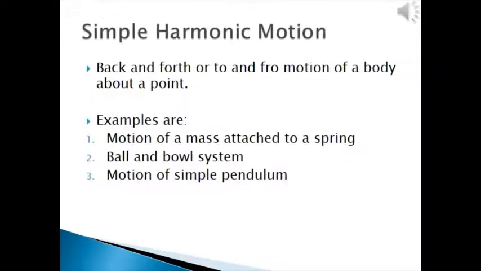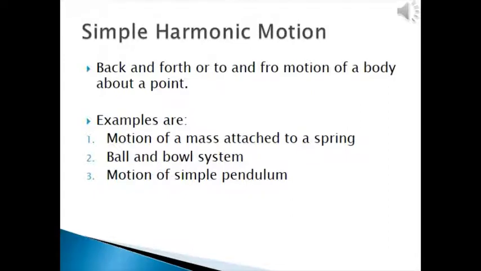Now let's start with the first topic of this chapter, which is simple harmonic motion. We have already studied vibratory motion and oscillatory motion in class 9th, that back and forth or to and fro motion of the body about a point is called vibratory motion.